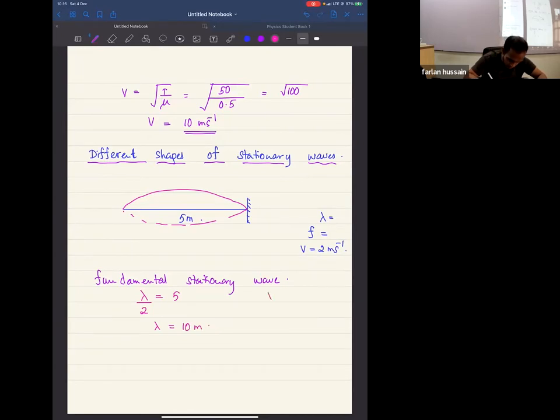So by using V equals F lambda, V is 2 and lambda is 10. So we need a frequency of 0.2 hertz. So if you oscillate this string exactly at a frequency of 0.2 hertz, you will get a stationary wave like this.